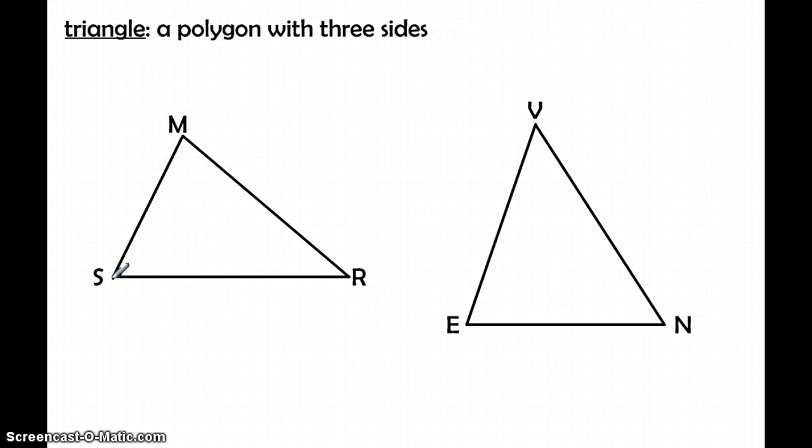When you're naming your triangle, you can write out the word triangle, or since we are mathematicians, we're going to use a triangle symbol. I'm going to pick a vertex, and I'm going to go either clockwise, so this one could be triangle MRS, or I could go counterclockwise.